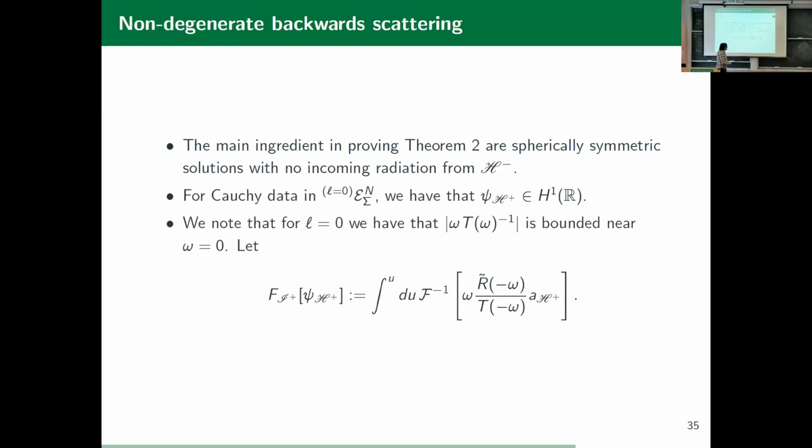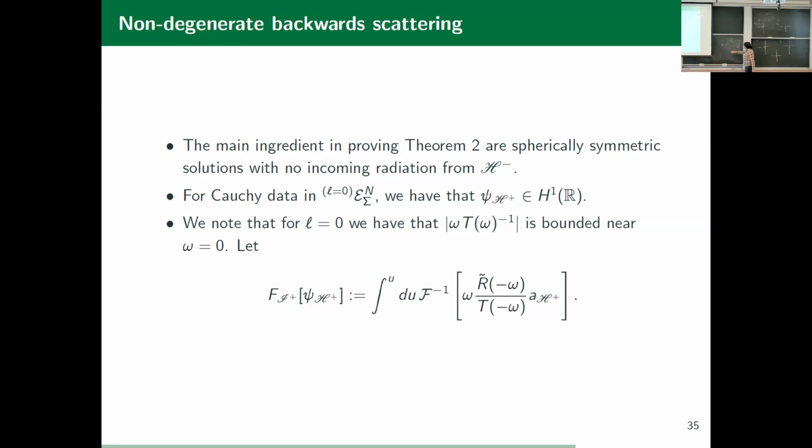The idea is that we have A scribe plus times omega is omega r tilde minus omega over T minus omega A H plus, under the condition that AH minus equals 0.